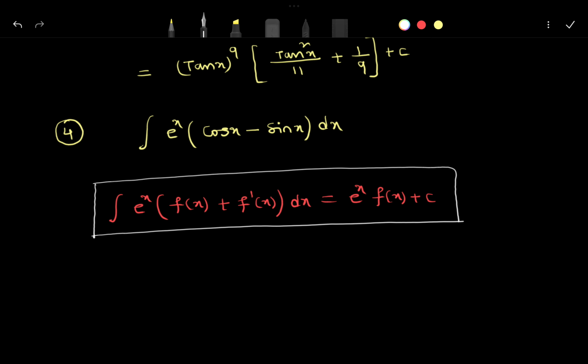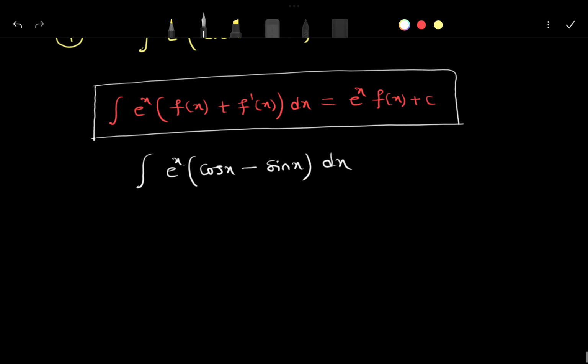Now let us discuss the given question. What is the given question? Integration of e to the power of x into cos x minus sin x into dx. Suppose f of x is cos x.